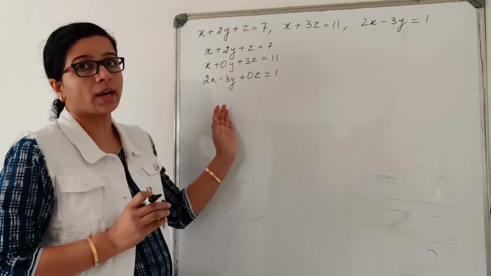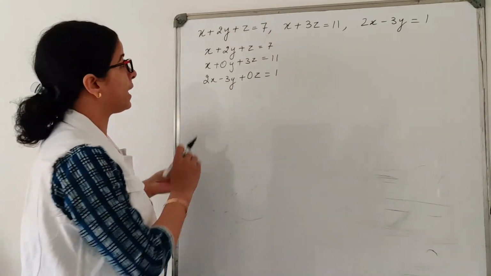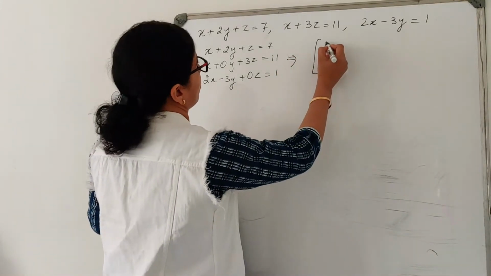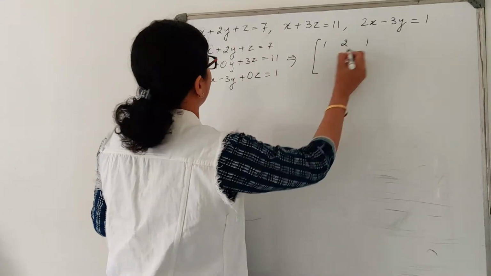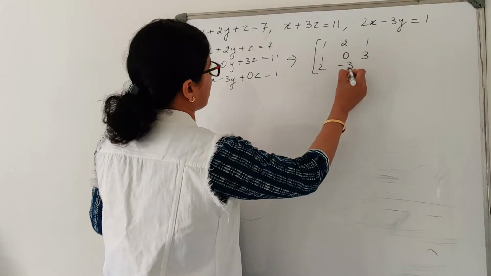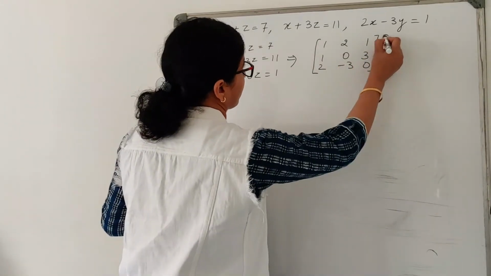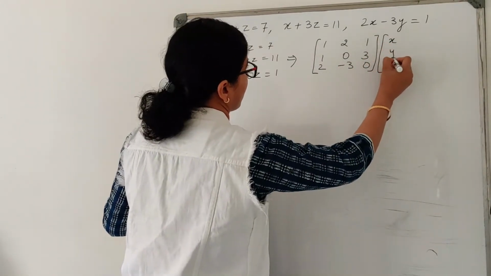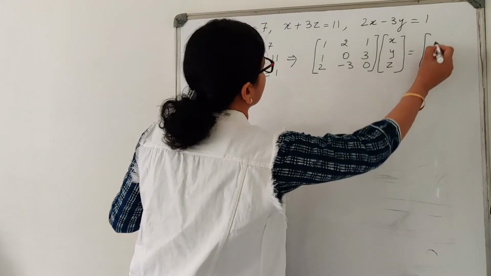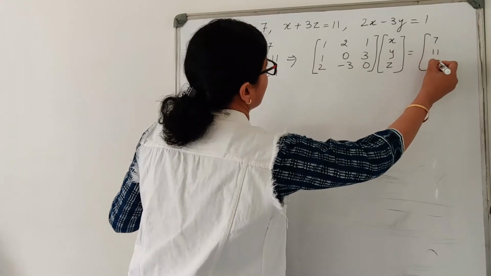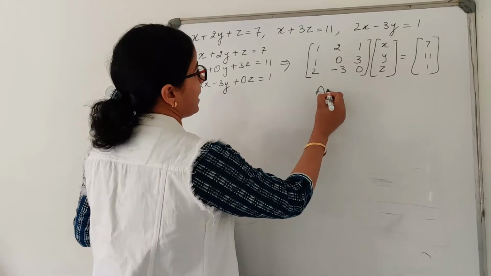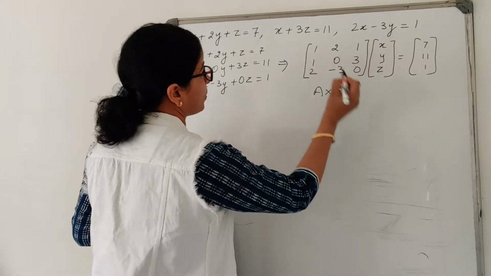Now we'll write these in the form [1, 2, 1; 1, 0, 3; 2, -3, 0] times [x, y, z] equals [7, 11, 1]. Okay. So this is AX is equal to B.